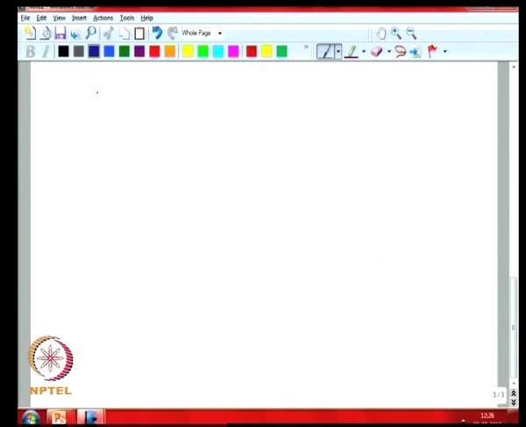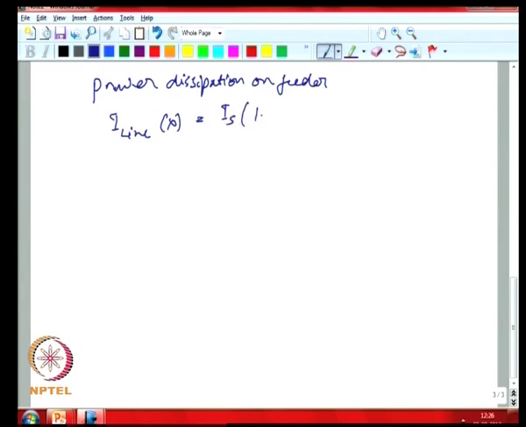So, if you look at the power dissipation on the feeder, we saw that our line current is I_S, and if R is your total resistance of the line, then R_L by d is the resistance per unit length.